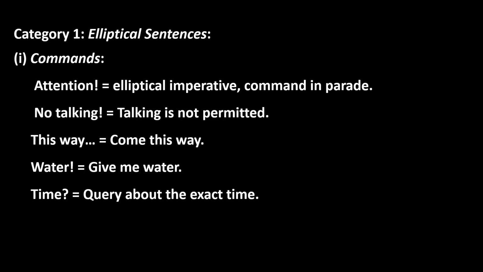These are either one word or short phrases like "no talking" and "this way." These are full sentences. These are the first type of elliptical sentences. Commands are elliptical sentences, minor sentences without verbs.